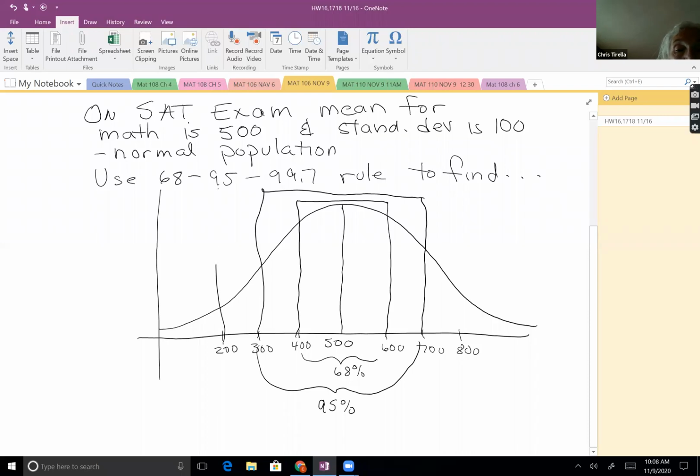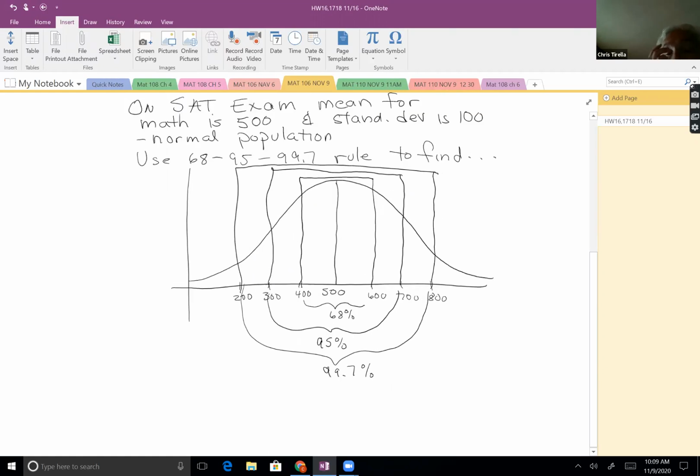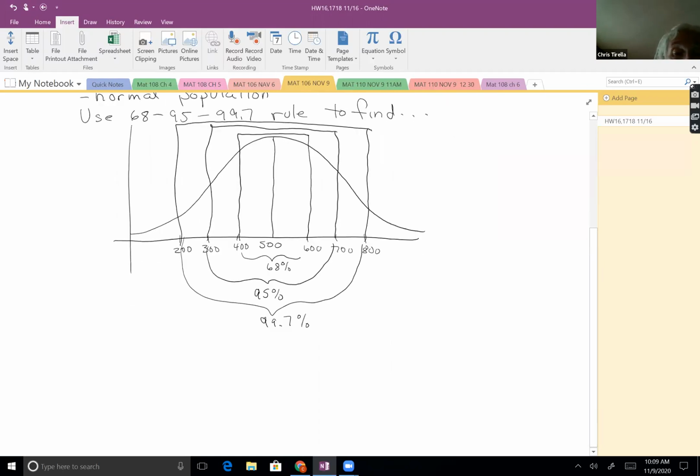And then when we connect the ones that are 3 away, we would get that last grouping of 99.7%. When I ask the questions, I'm going to shrink the diagram a little bit. Hopefully that's not too small for anybody to see.